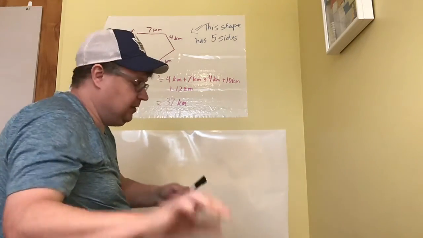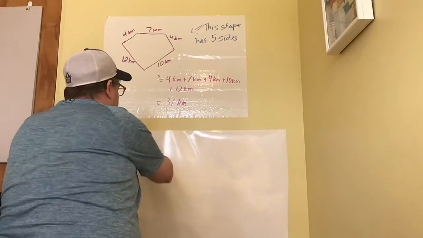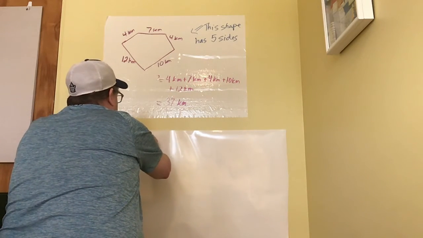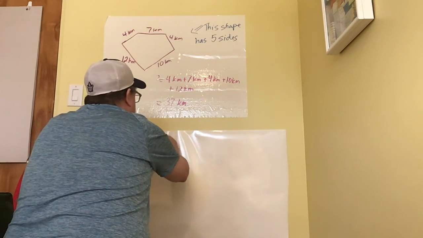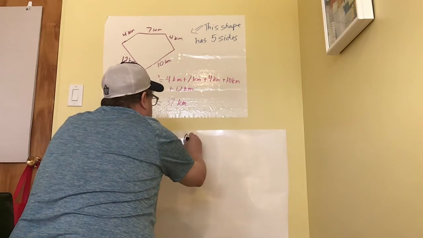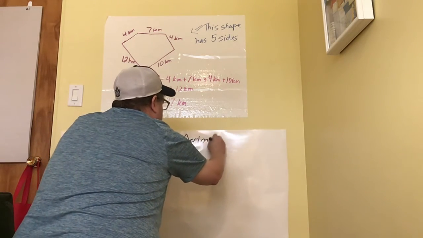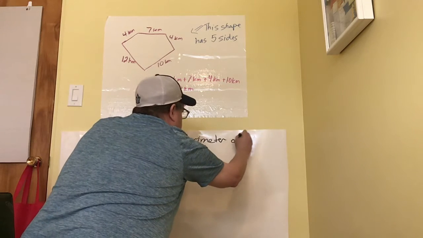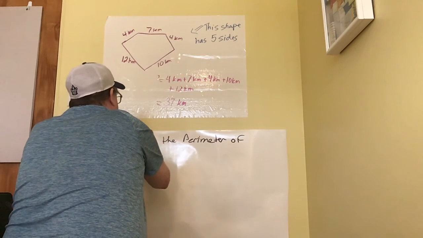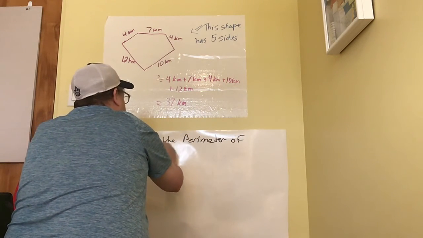Now, one assignment, they will just give you find the perimeter of each square.